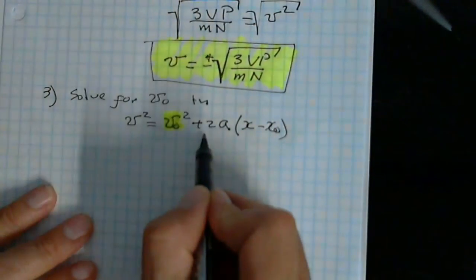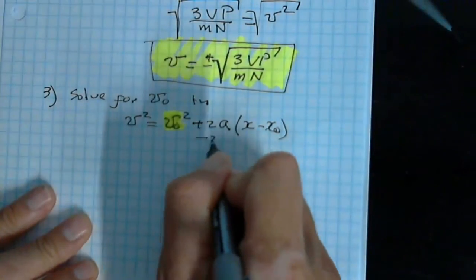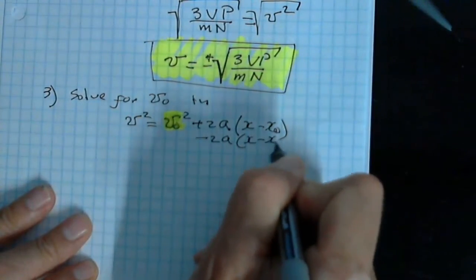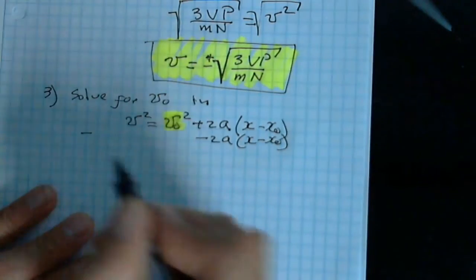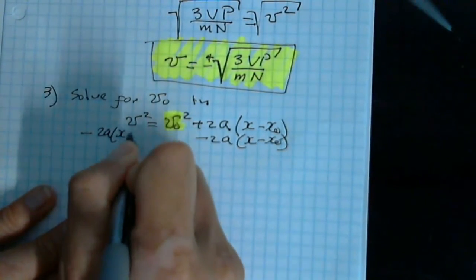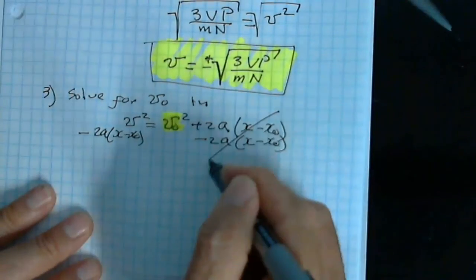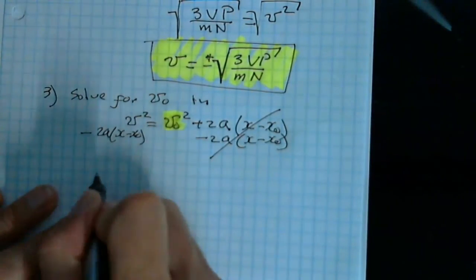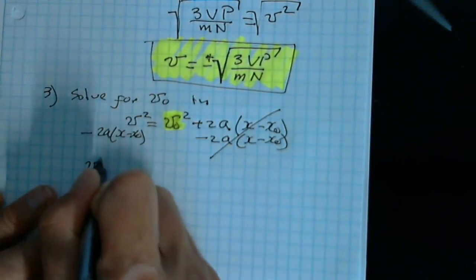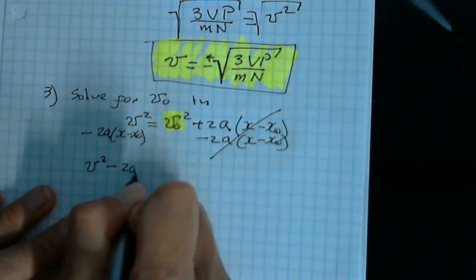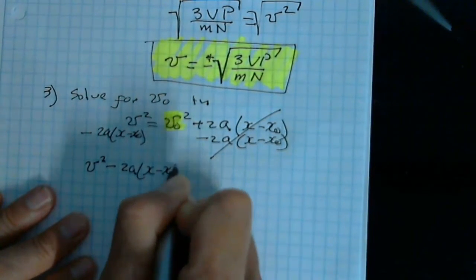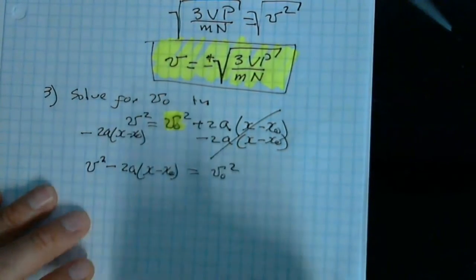Now you subtract this term, complete like a whole thing, because then it cancels on the right hand side. Bring down what is left: b squared minus 2a times x minus x naught equals b naught squared.